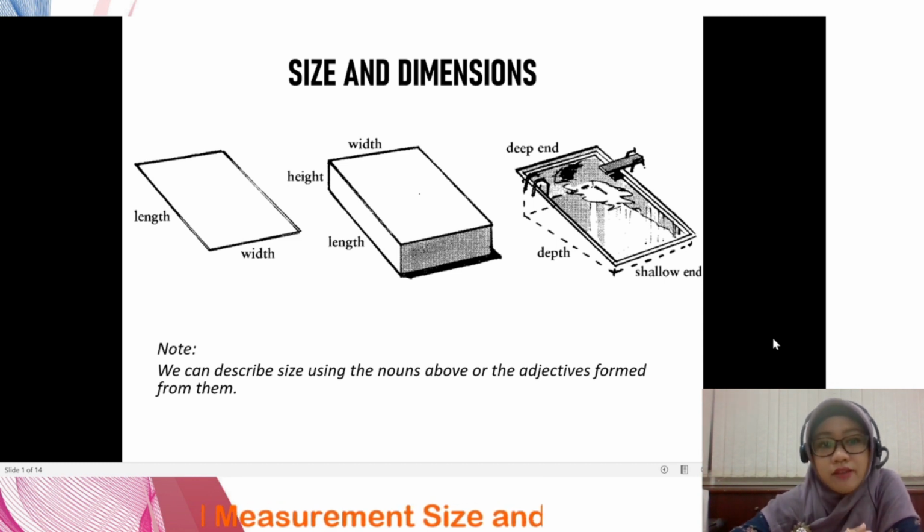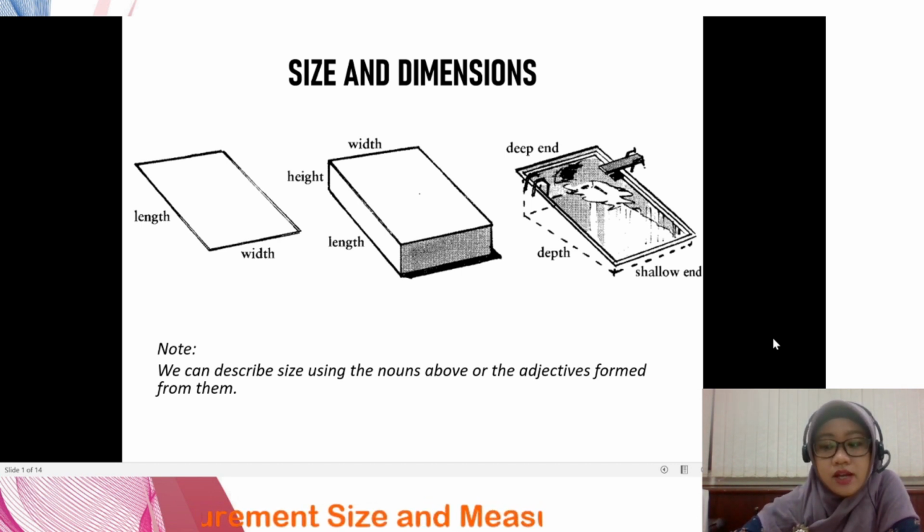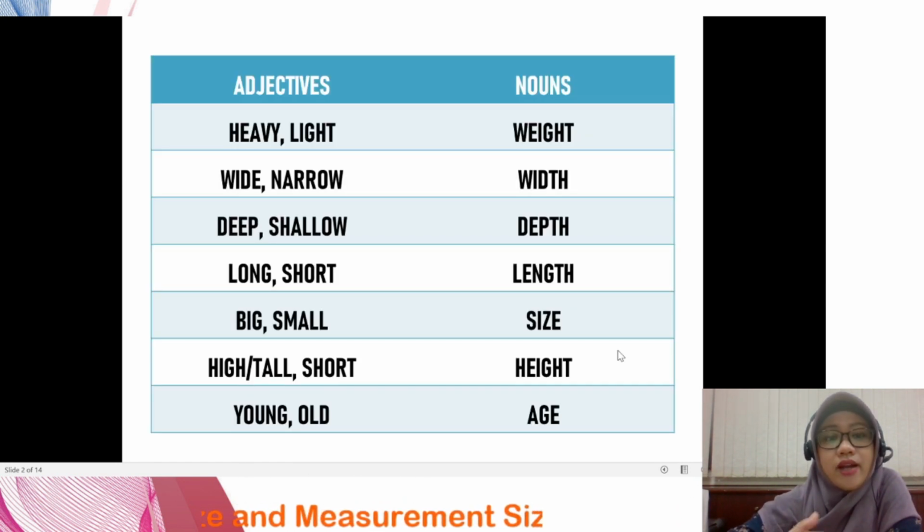What I want to highlight from this explanation is we are supposed to use the word here, either using the noun or the adjective. So you have an option here to use noun or adjective when you want to tell size and dimension in a sentence. For the next one, this is how I classify these words into adjectives and nouns.